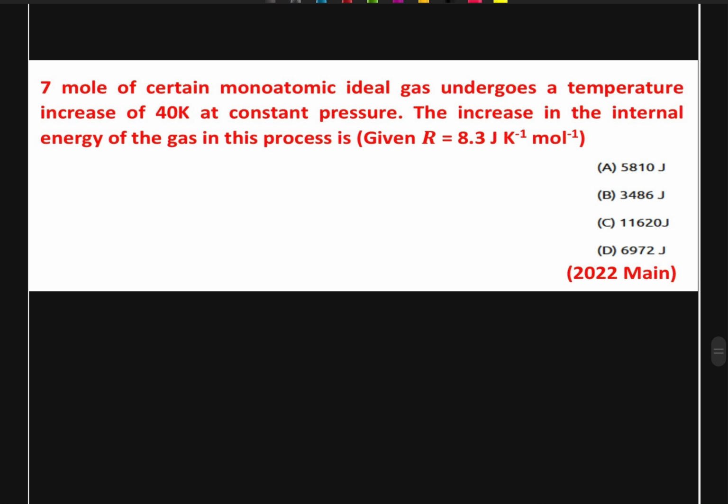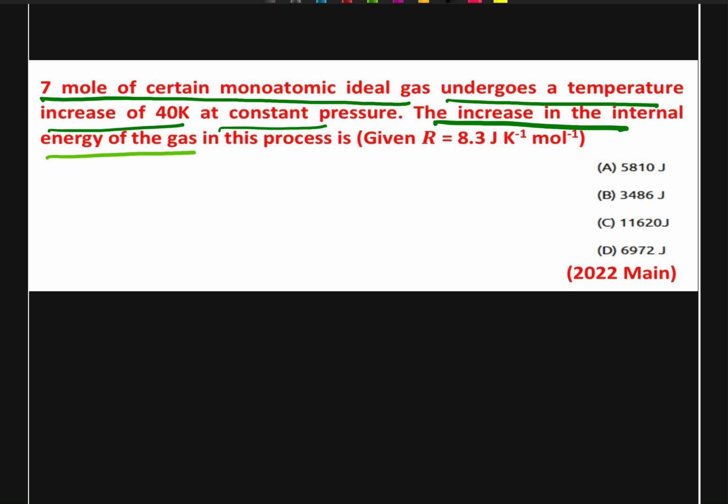It states that 7 mole of a certain monatomic ideal gas undergoes a temperature increase of 40 Kelvin at constant pressure. The increase in internal energy of the gas in this process is. So basically we would find out the increase in internal energy, and we have 7 mole of gas, and that is monatomic.